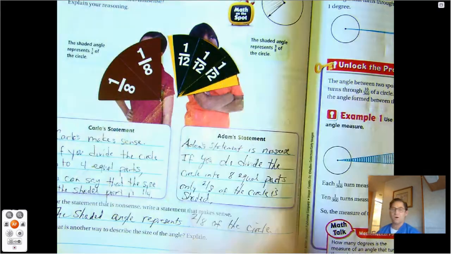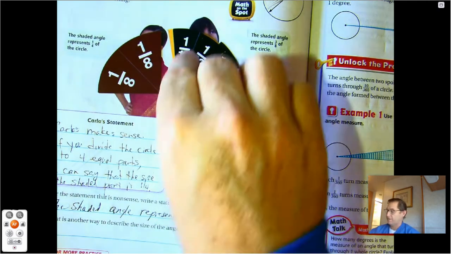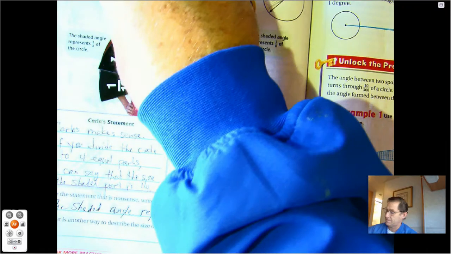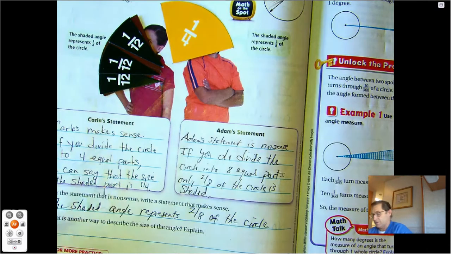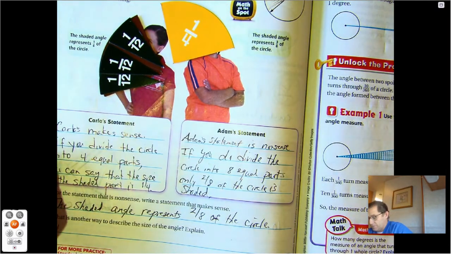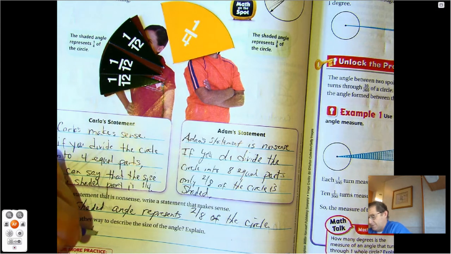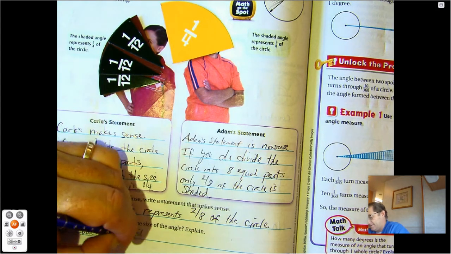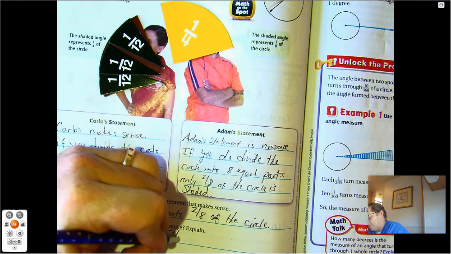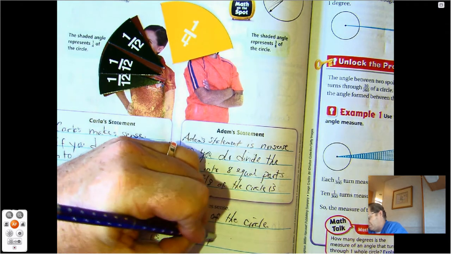Okay, so 3/12 is equal to 1/4. 3/12 is equal to 2/8. So we could say it is 3/12 of the circle.